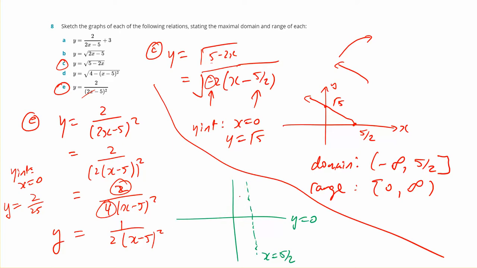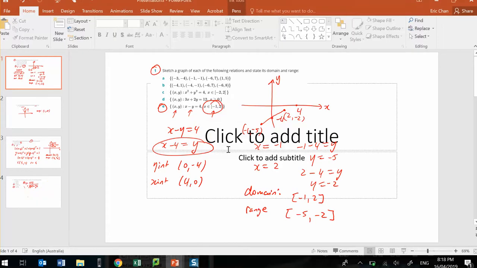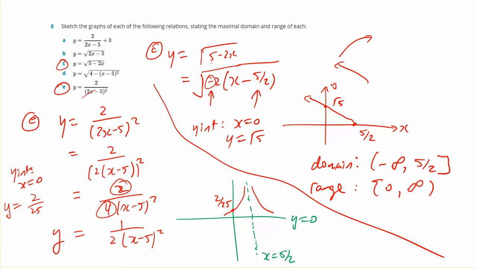Okay, I'm trying to make sure my shape is good, because I did penalize people on poor shape, so I've tried to be a good model in drawing a shape. Okay, so this would be 2 over 25, and yeah, you only need that part.